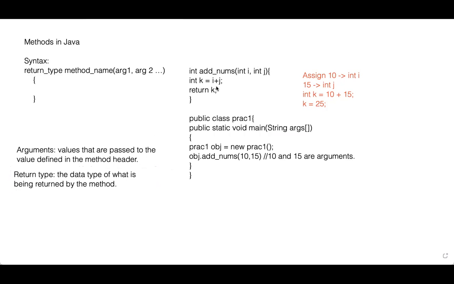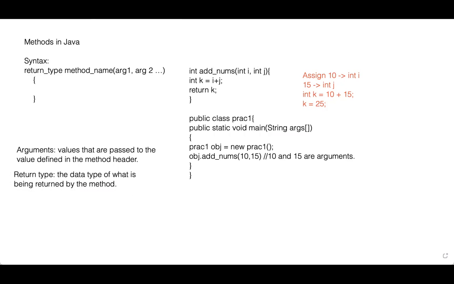In this one, we're returning an integer value. Since we have declared our return type to be int, the arguments' data type should also be int, and the value that returns, the value of k, should always be an integer, right? And so that's why your return type would be int for this example.